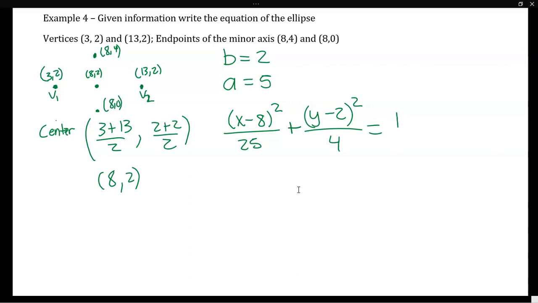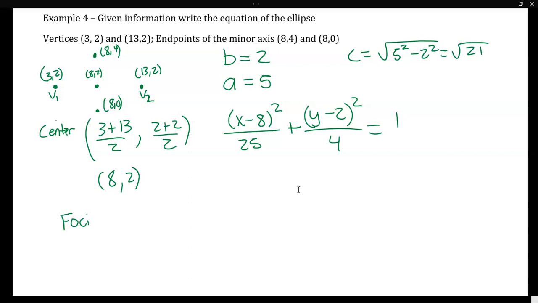Now, if we wanted to, we could find our foci. C is going to equal the square root of 5 squared minus 2 squared, which is the square root of 21.